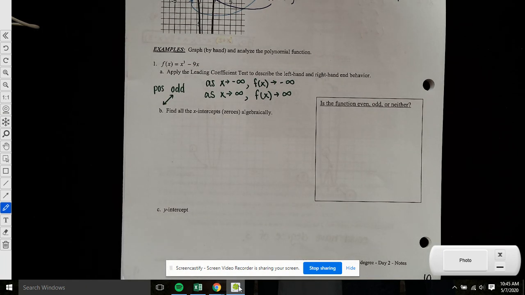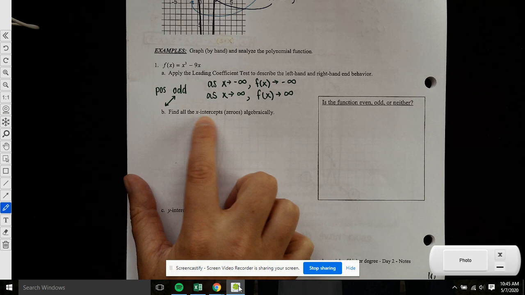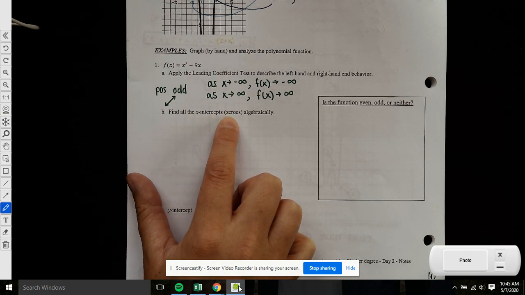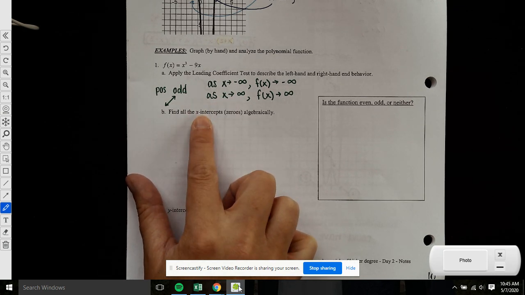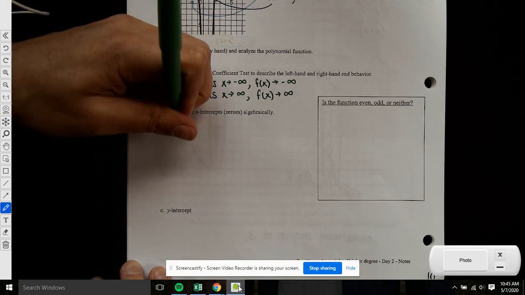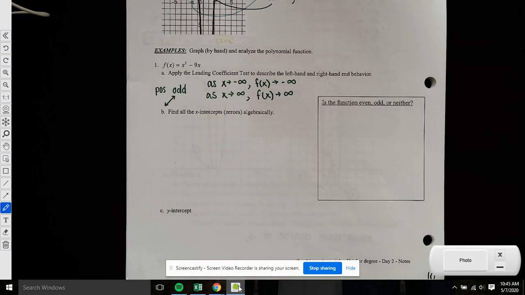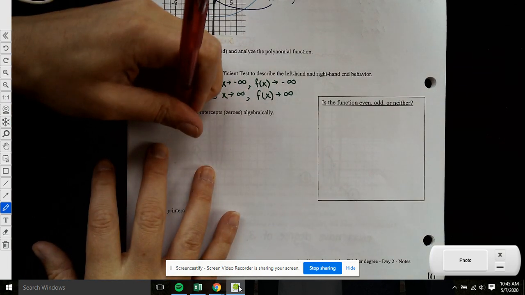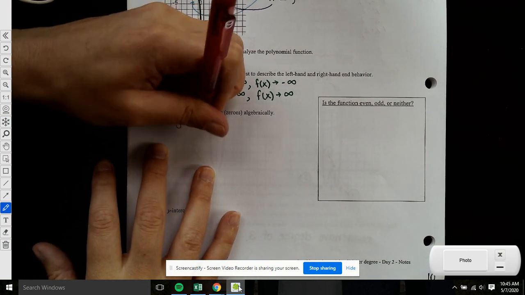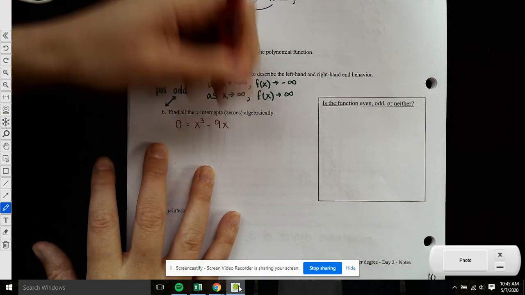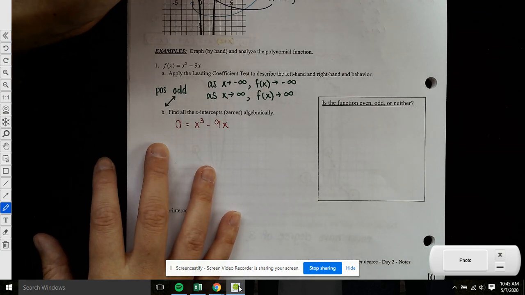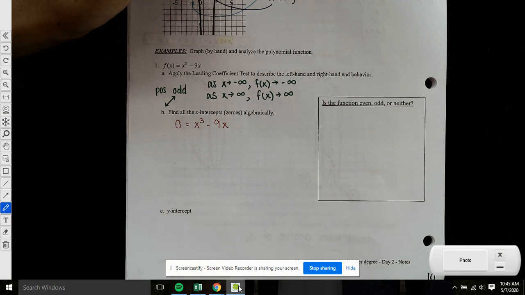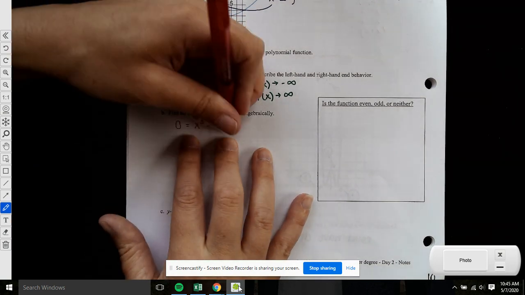Now my next step is to find all of my x-intercepts algebraically, and I do this by factoring. So I'm going to set this equal to 0. 0 equals x cubed minus 9x. The first factoring that I see is a GCF of x.